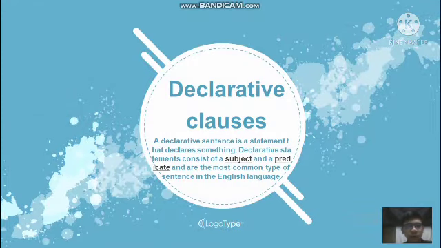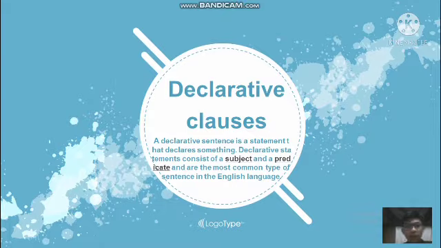So let's continue to declarative clauses. A declarative sentence, also known as a declarative clause, is a statement that declares something. Declarative statements consist of a subject and a predicate. Before that, what is a predicate?